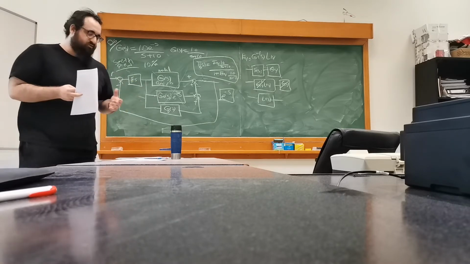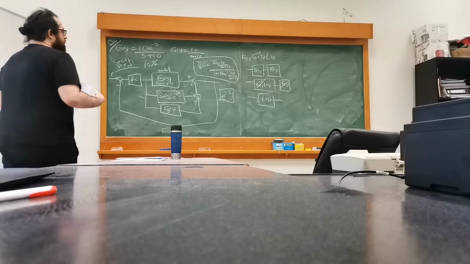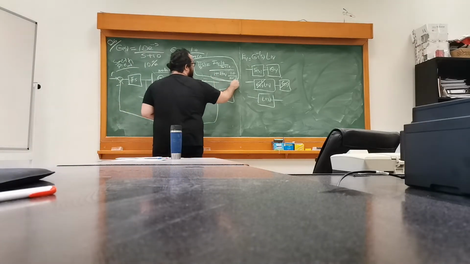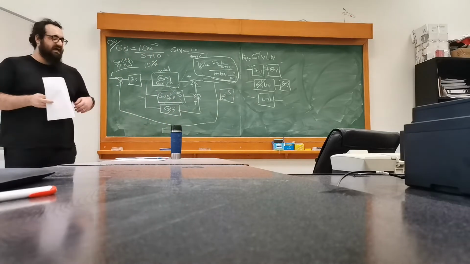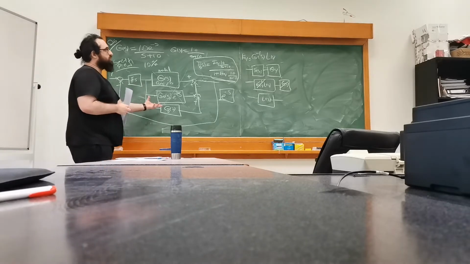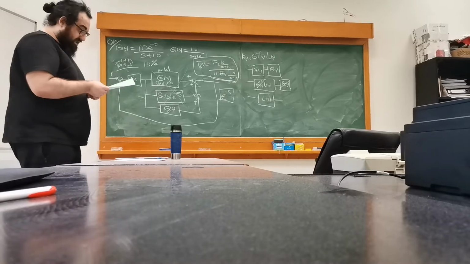Even if you're using a prediction or the Smith predictor, you will still have delay, but what we're trying to do is get a characteristic polynomial out of this. That's the important part. We will have a polynomial. The delay will not be present in the denominator of the closed loop, but it will be in the numerator. So that's the actual difference.